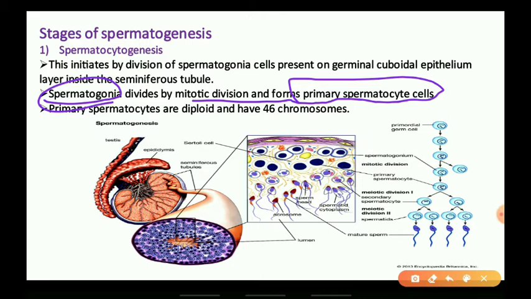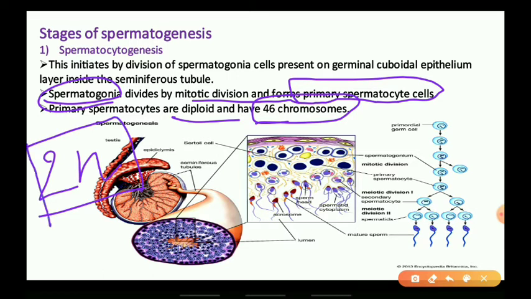This primary spermatocyte is a diploid cell. Diploid cell means it has the full number of chromosomes as a normal cell of a human, that is 46 chromosomes. It is a 2n cell, a diploid cell.